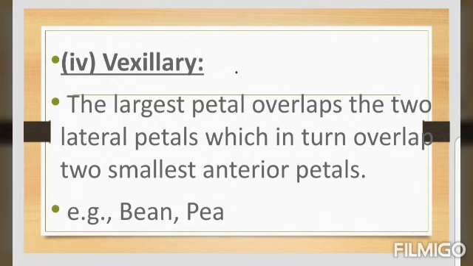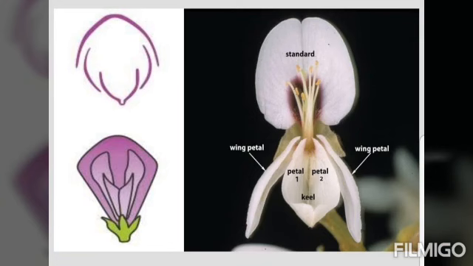In pea and bean flowers, there are 5 petals. The largest standard petal overlaps the 2 lateral petals, which are called wings, which in turn overlap the 2 smallest anterior petals, which are called keel.